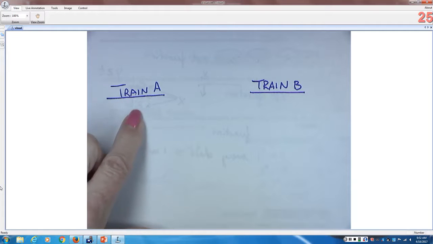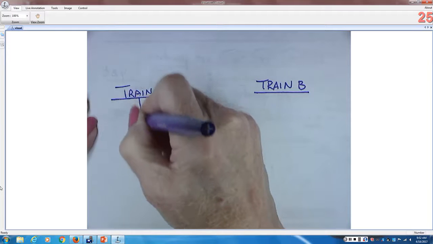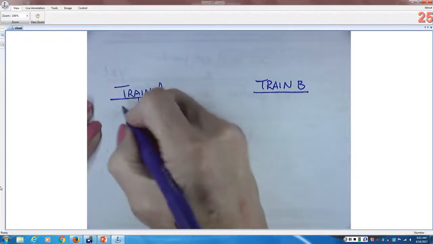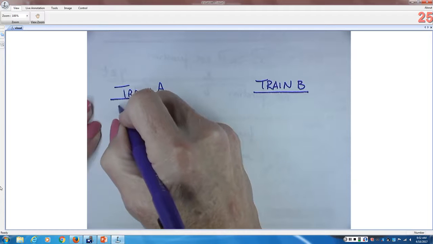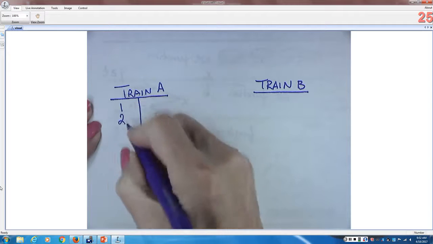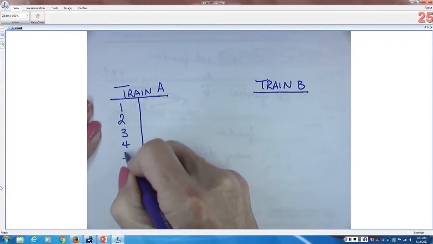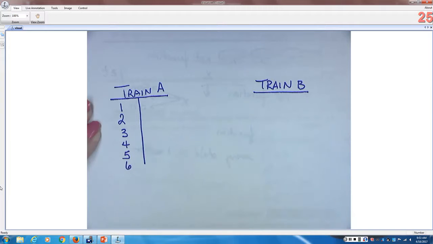I think maybe it'll become clear with this, okay? Train A has routes every day of the week, Monday being day 1, Tuesday's day 2, Wednesday's day 3, Thursday's day 4, and Friday's day 5, Saturday's day 6, and it doesn't run on Sunday. Same thing with train B.